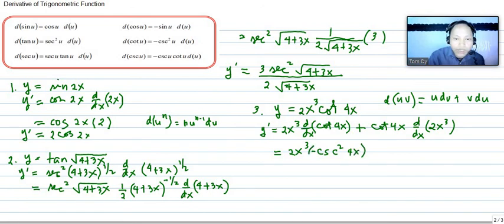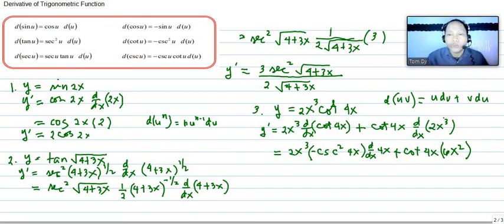Okay, that is negative cosecant squared 4x times the derivative of our u, which is 4x. This is now du. Plus this one, cotangent 4x, and then the derivative of 2x cubed, that is 6x squared. So I will write here 6x squared.